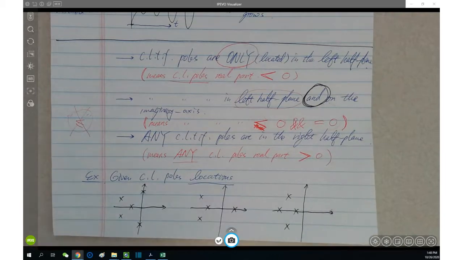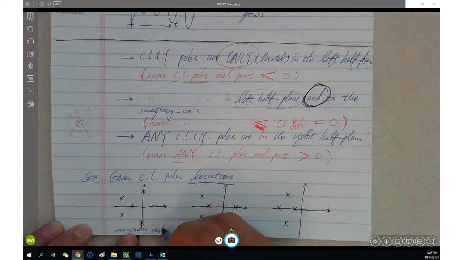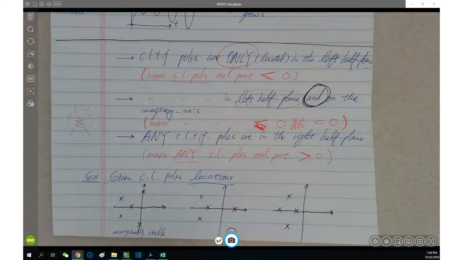First case here, this one. After locating all of these poles into the graph here, which case does it belong to? Stable, marginal stable, or unstable? Which case? Marginal, here we go. Kevin is right. First one is marginal stable. Take a look at the second one, and then we go back to see why.